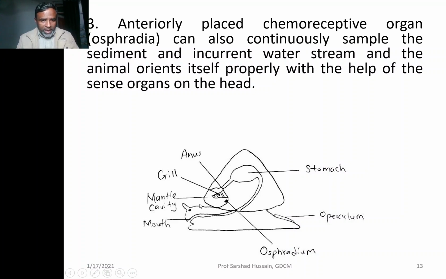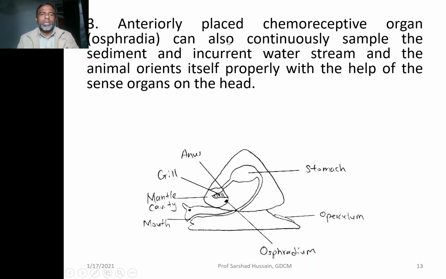So the animal, while receiving the signal from the anterior side, can change its direction according to the signal it is receiving, according to the perception it is taking through these chemoreceptive organs.